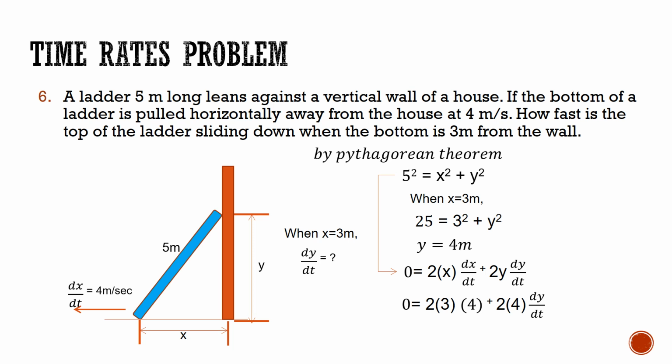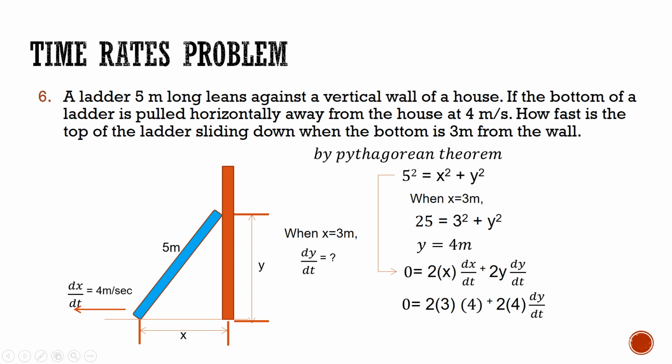We now substitute what we have obtained and the givens. x is 3 here, and y is equal to 4. And dx over dt, or the rate, is given in the problem.